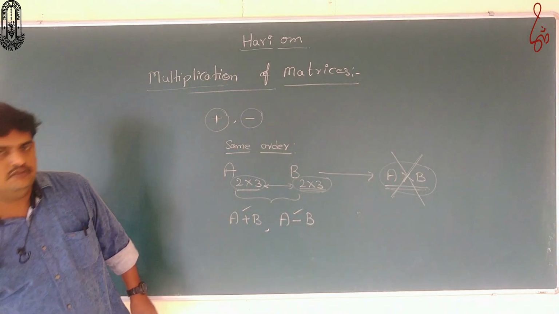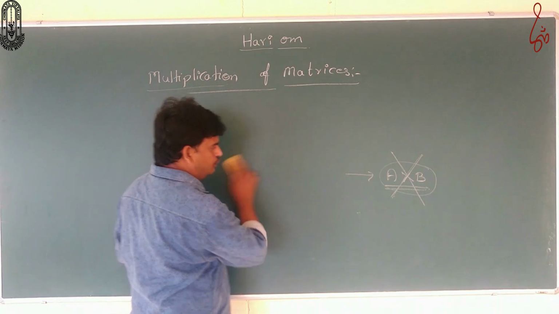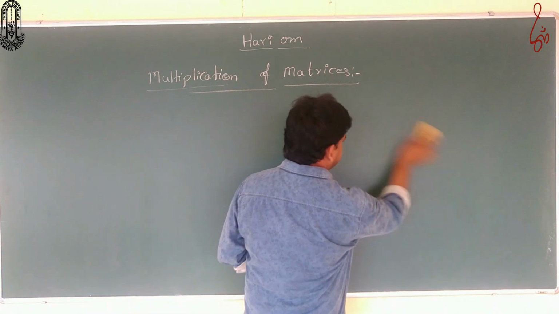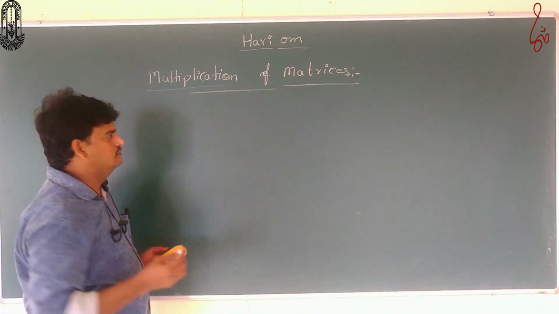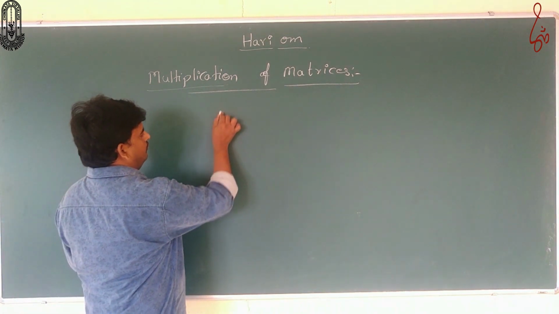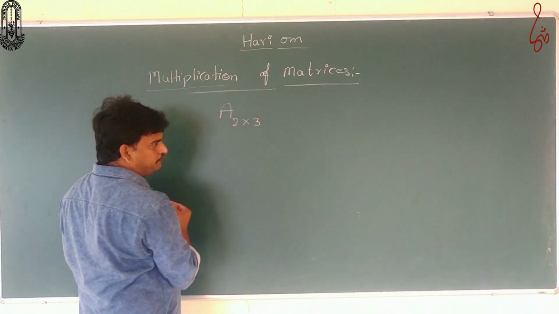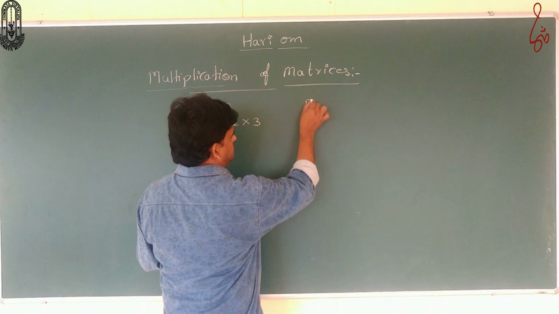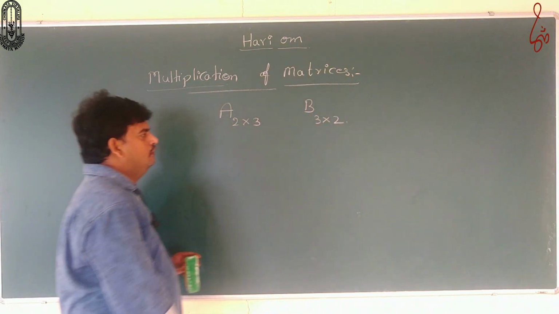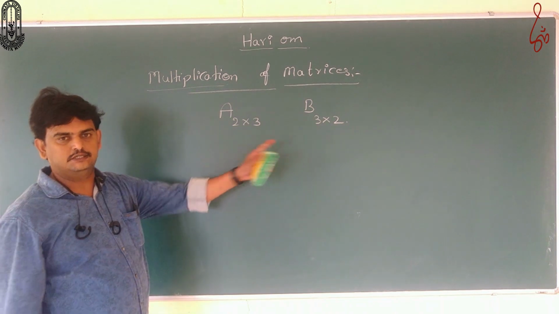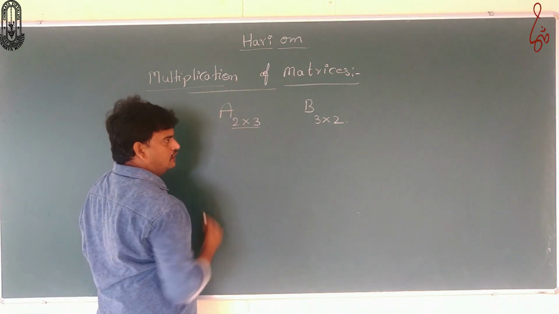Then what is the condition for product of matrices? What is the condition we need to observe to multiply the matrices? For example, when I have a matrix 2 by 3 and when there is a matrix 3 by 2, when we observe these two matrices, the first matrix A is having 2 rows and 3 columns.